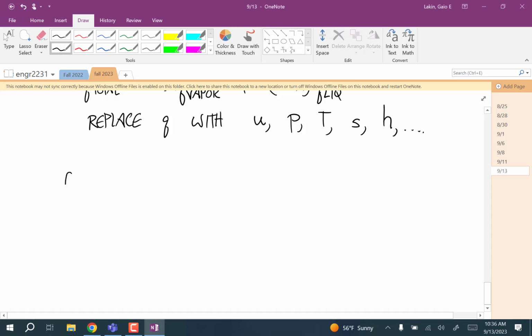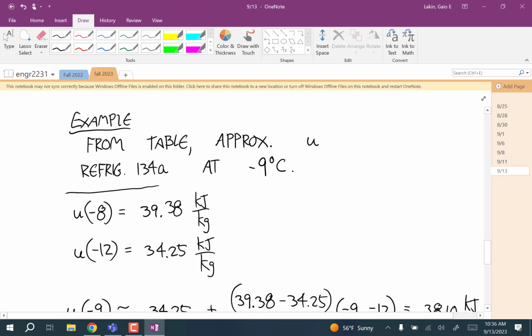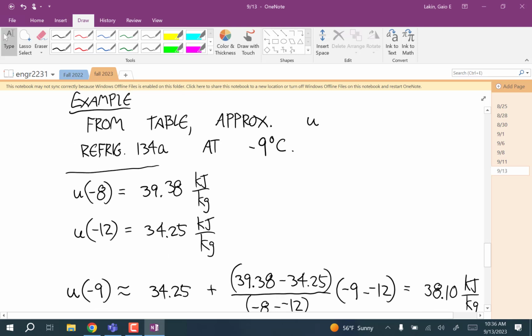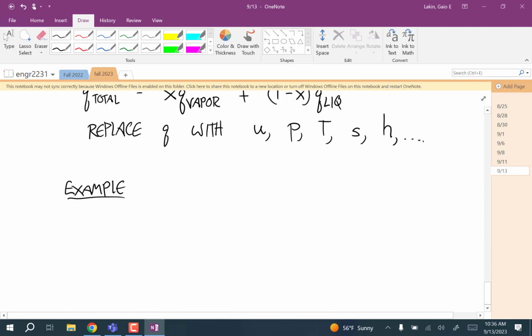Okay, so let's do another example. Might as well keep the same one going. We're still dealing with refrigerant 134A at negative 9 degrees Celsius.